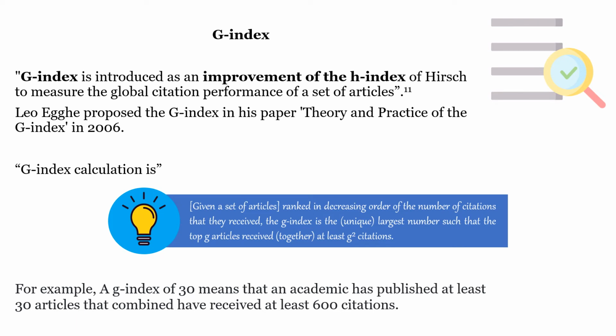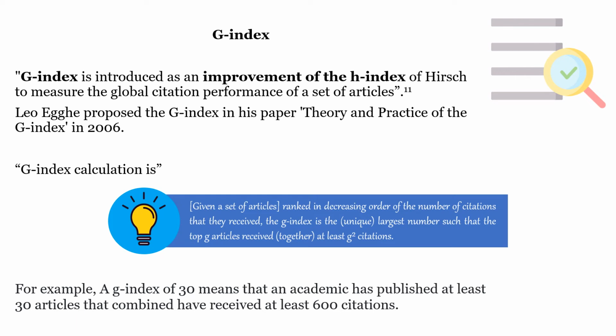The G index is the largest number such that the top G articles received at least G square citations. For example, a G index of 30 means that an academic has published at least 30 articles that combined have received at least 900 citations.